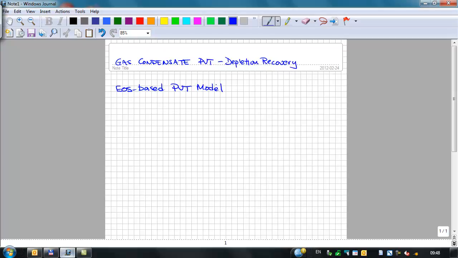So we'll have to pick one out. And then we'll have to have a particular surface process that's important to define consistently.